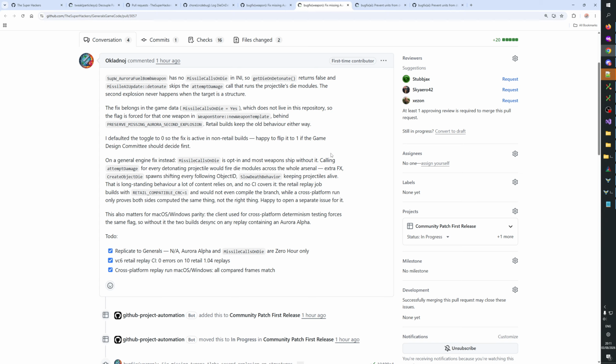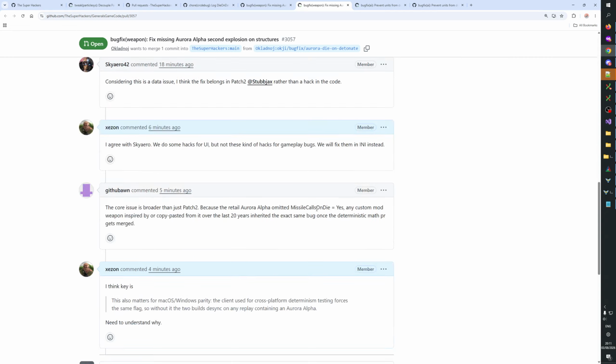The retail replay job builds with retail compatible CSC and would not even compile the branch, while cross-platform run only proves both sides computed the same thing. Okay, I don't understand.